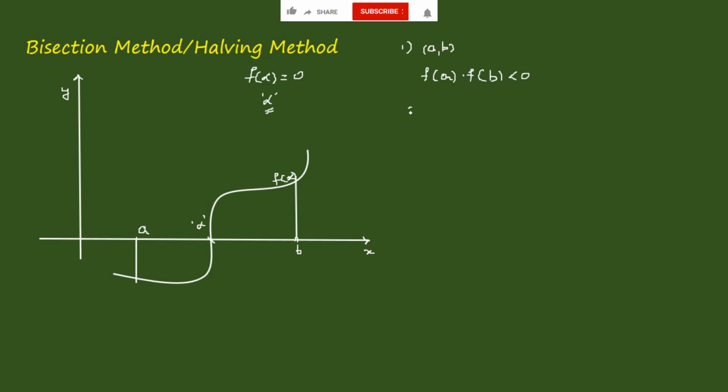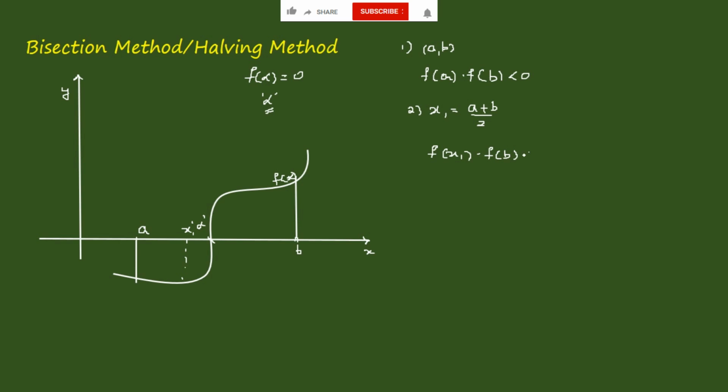Now the second step: find the average of these two interval values. Then x1 is equal to a plus b by 2. If we get the value of x1 here, then multiply f of x1 into f of b.